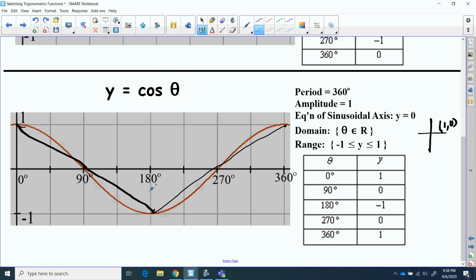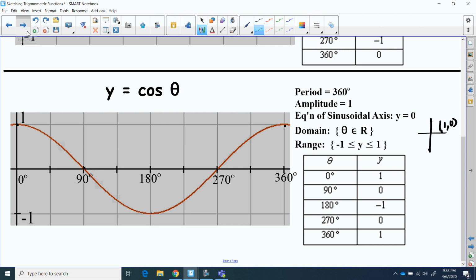Their graph ends up looking more like an absolute value graph than an actual sinusoidal wave. So if you're going to use 5 points, you've got to make sure that you draw your graph to make that nice wave pattern, not a straight line pattern like this.